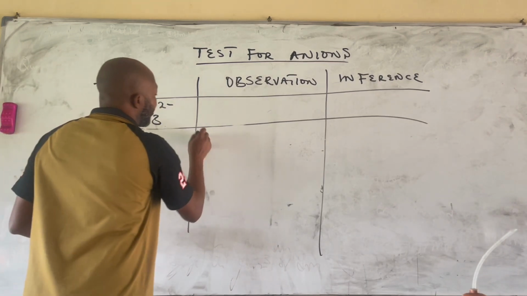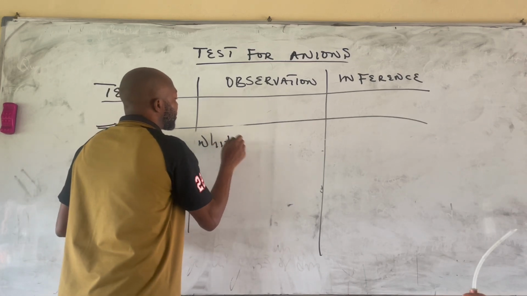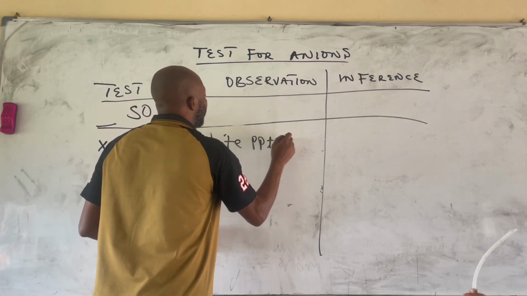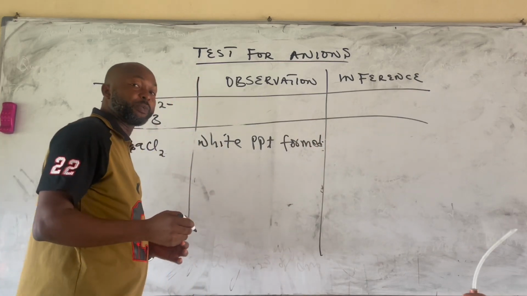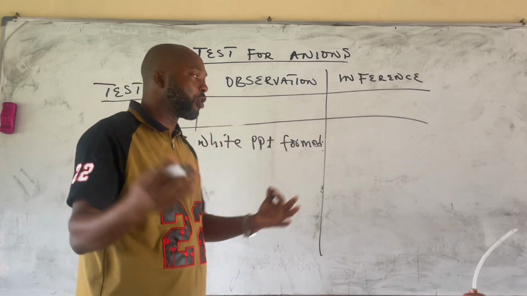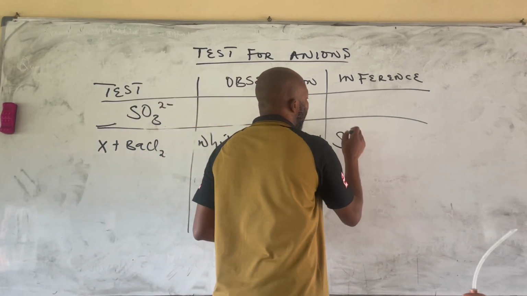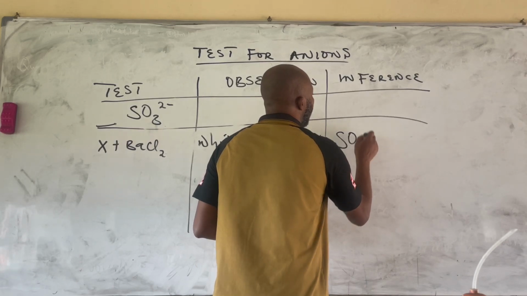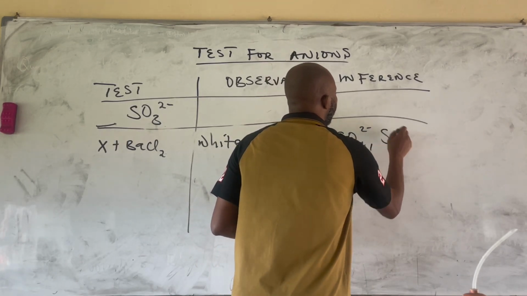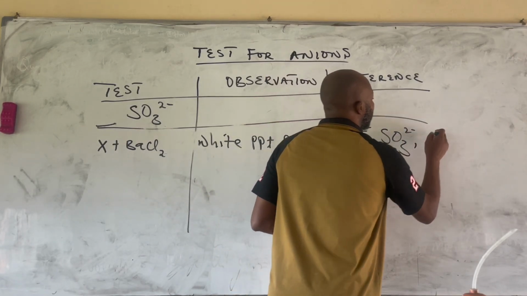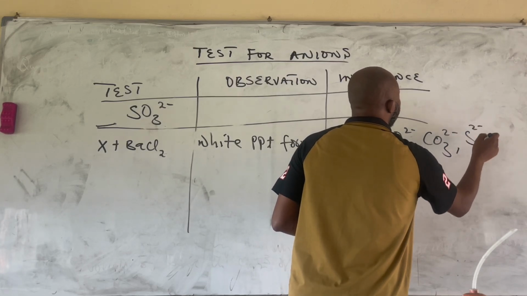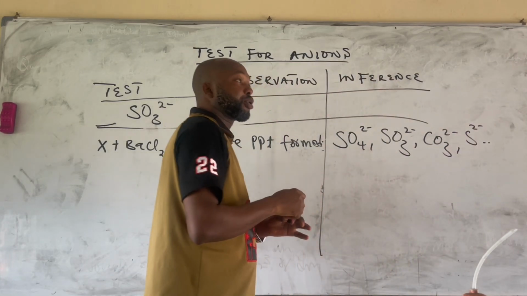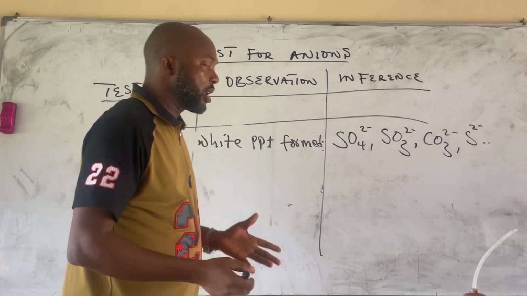We now have white precipitate form. Now, we still have white precipitate. Our mind will still go back to these particular anions, SO4 2 minus, SO3 2 minus, CO3 2 minus, S2 minus are probably present.